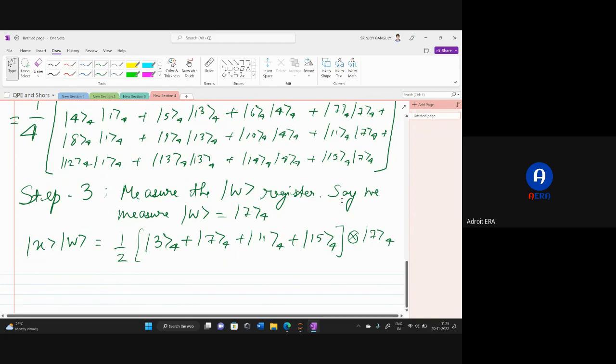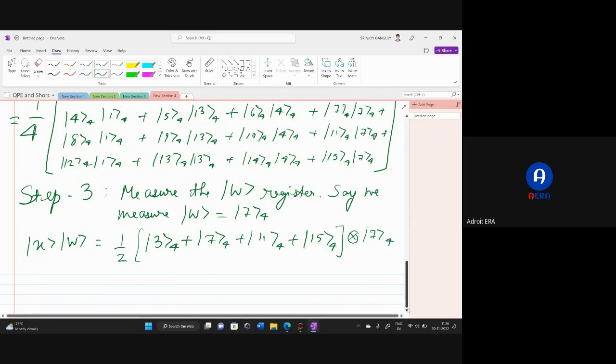Let's say we measured that. Therefore, all the terms associated with that will be left in superposition, and all the other terms will no longer be present. So by measuring the second register, we basically reduced our calculation, and now on top of that, we are going to apply step 4, which is applying the QFT.